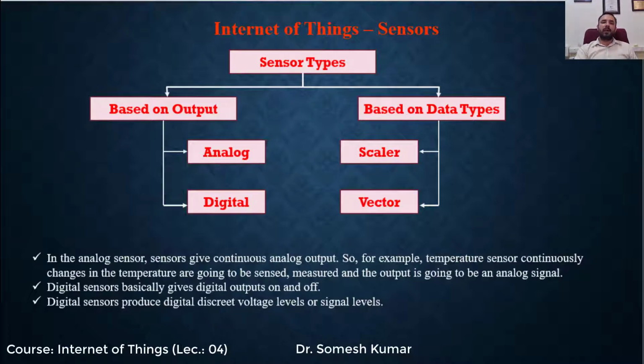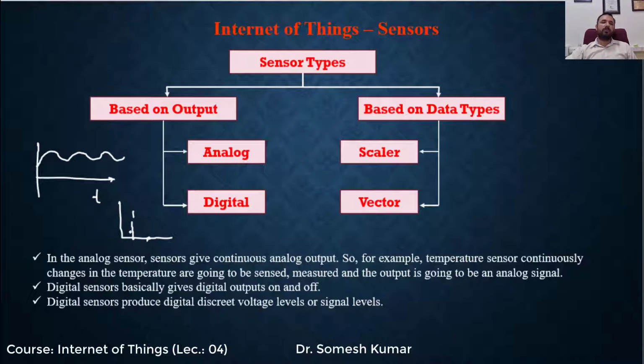Basically analog is sometimes also called a continuous signal. For example, analog signals means this is our output and this is time. So this is our analog signal, which is continuous with respect to time, while digital signals are in the form of this is 1, this is 0.